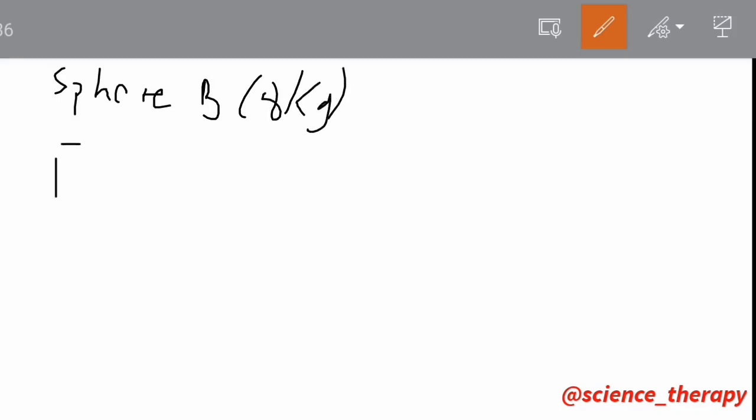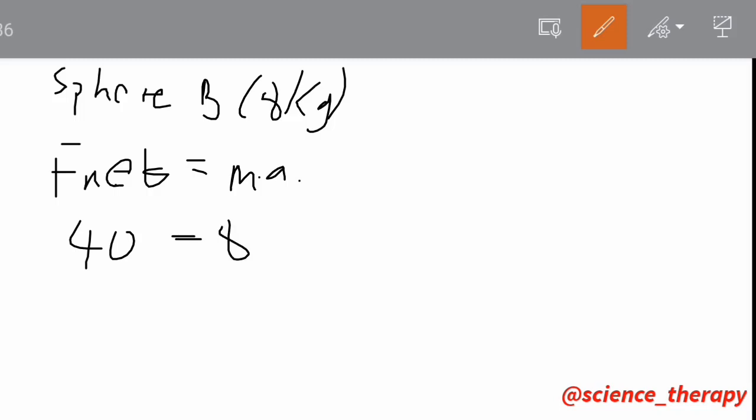For sphere B, what are we given? This is the 8 kg, right? But then we were told that the F net is 40 Newton. So according to our second law, we have F net is equal to ma. Then F net, we have 40 here. Then what is our mass? That's 8.